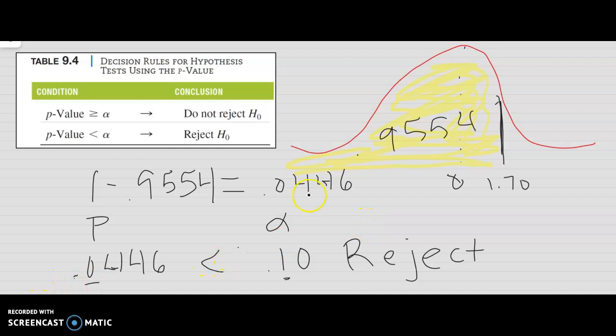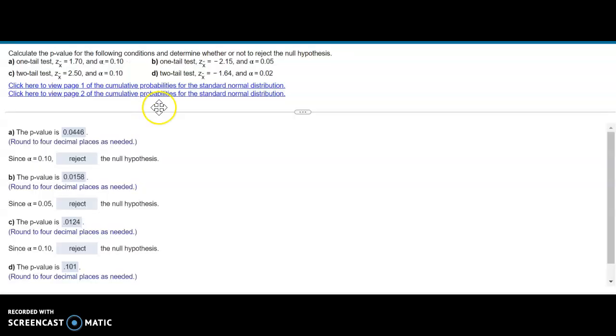Okay, now let's look at part B. For part B, one-tailed test where your test statistic is -2.15 and alpha is 0.05. So I'm going to write that information down.